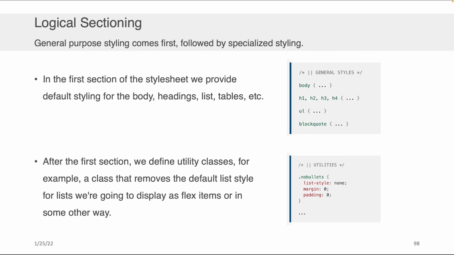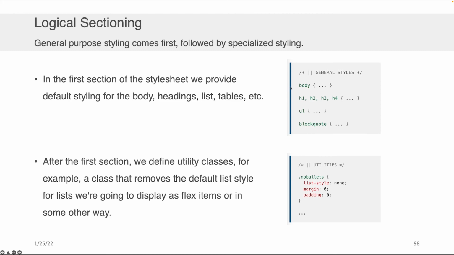In the first section of the style sheet, you should provide default styling for the body, the headings, the lists, the tables, etc., exactly as I mentioned. But after this first section that dictates the general styles, okay, for the particular elements, if you choose to put styles on those, you should have a separate section that talks about the styles for your classes as an example, or some of the more complex hierarchical components, okay?